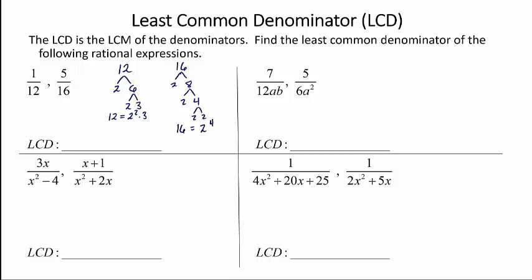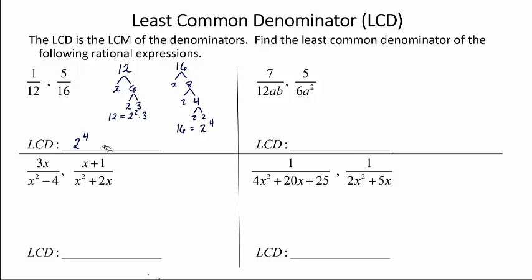Okay, so you have to take all the factors. We have two factors essentially, 2 and 3. But with the 16, the 2 appears 4 times, and it only appears twice with the number 12. So if we have our choice between 2 squared and 2 to the 4th, pick the one with the bigger exponent.